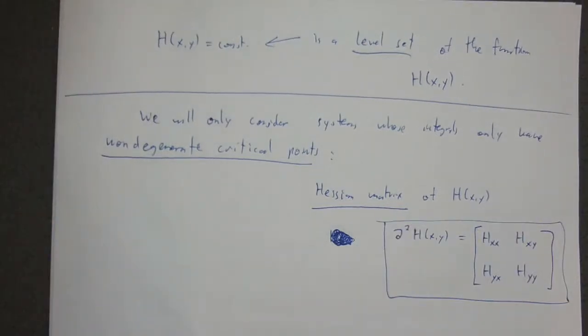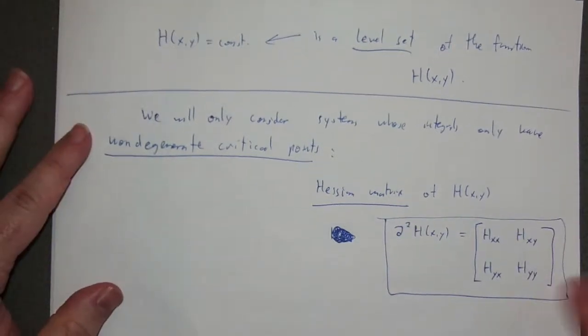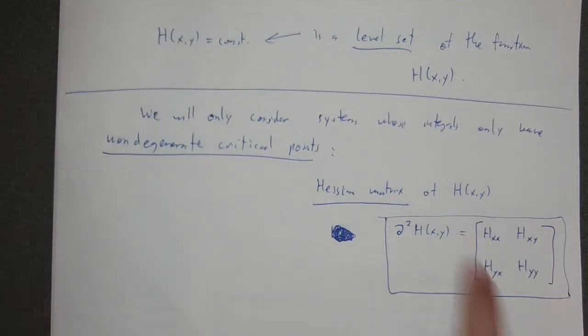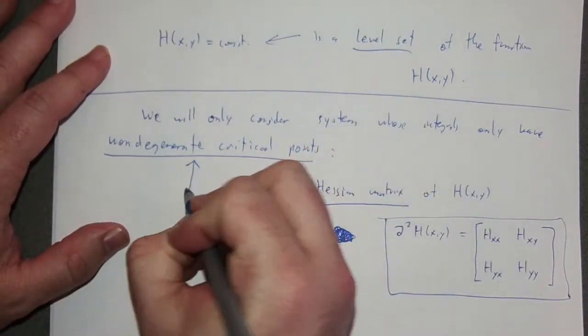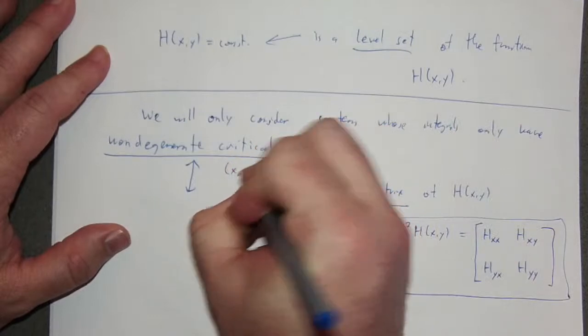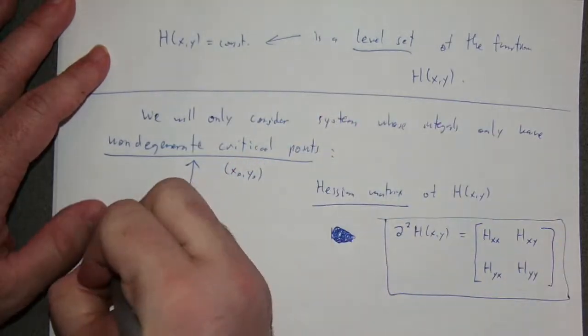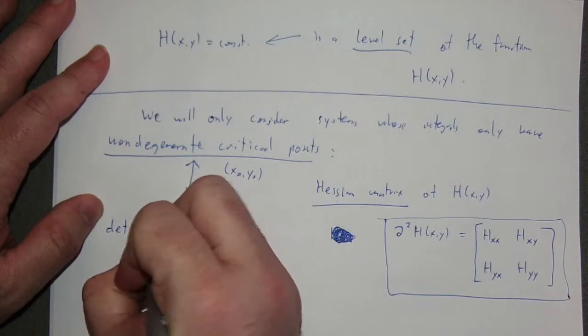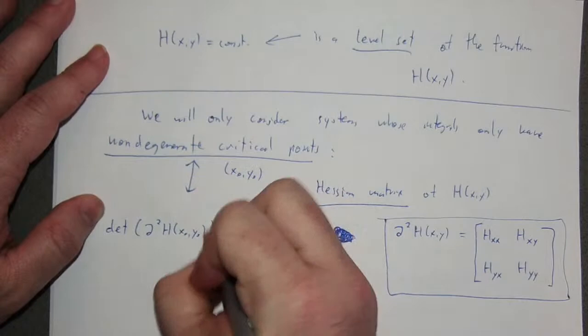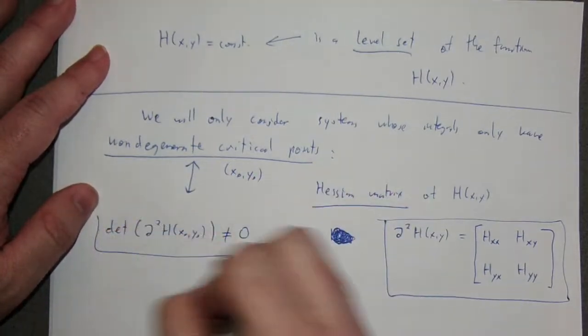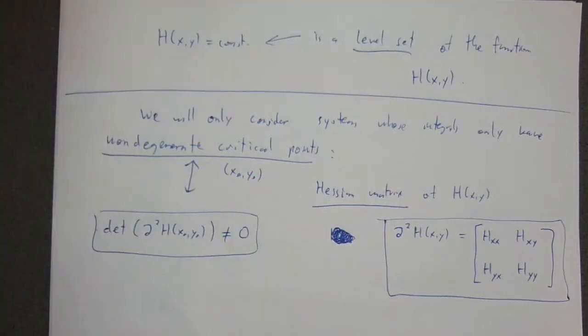This is our analog of the second derivative of a function of two variables. We'll say that a non-degenerate critical point, x naught, y naught, is one such that the determinant of the Hessian matrix of h at x naught, y naught is non-zero. So we want the Hessian matrix to be invertible at the point in question. That is our condition.